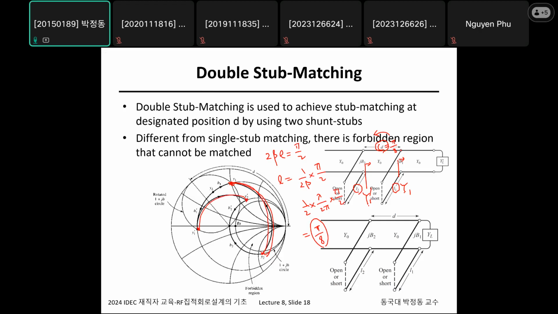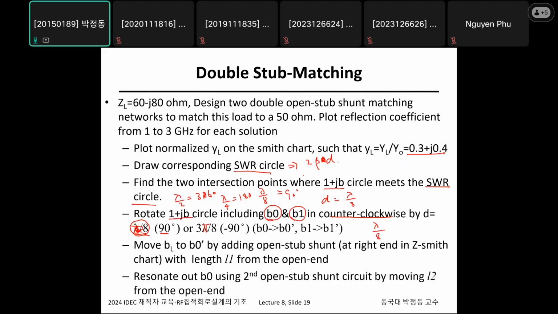Okay, so move load to B0 prime by adding open stub. Because this is an open stub, we just synthesize in the Smith chart, which is an open stub. In the Smith chart, this is the point open.